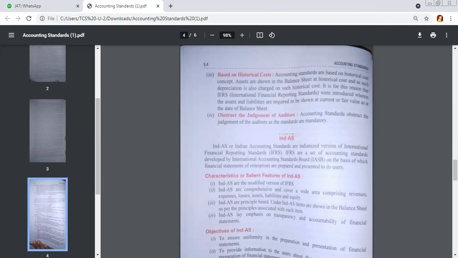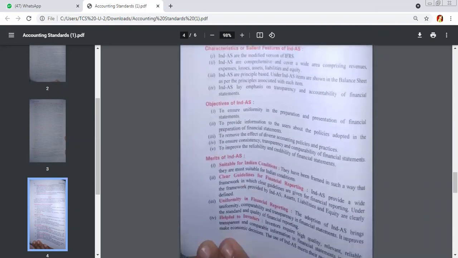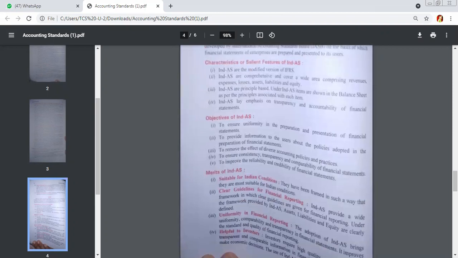The next is objectives of Indian accounting standard. Objectives are to ensure uniformity in preparation and presentation of financial statements. Likewise, the accounting standard ensures uniformity, very similar to that. Indian accounting standard also ensures uniformity.